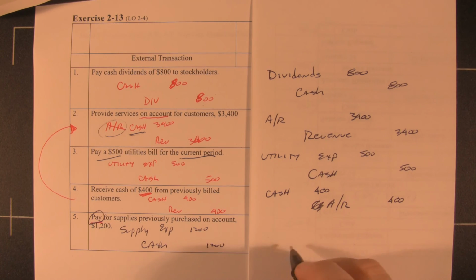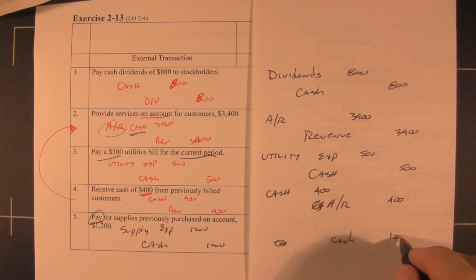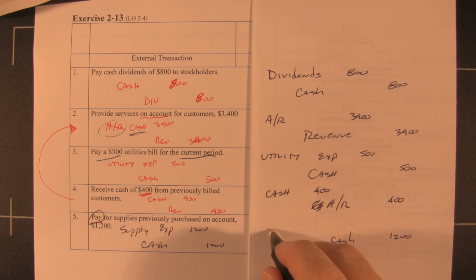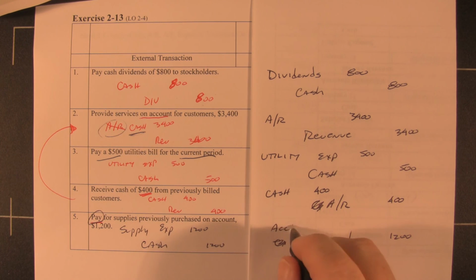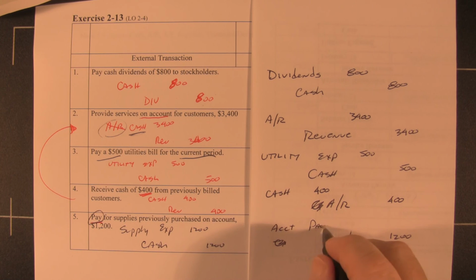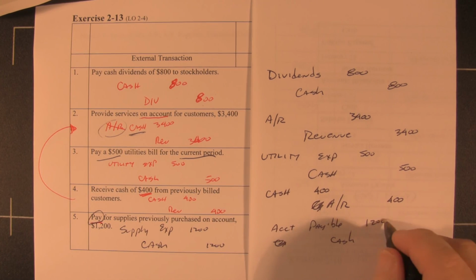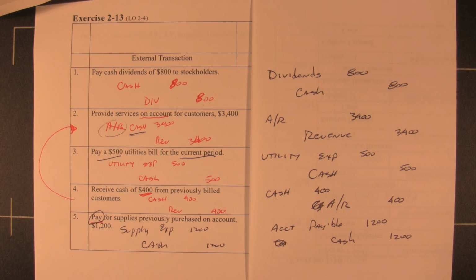The cash part he got right. We do have a credit to cash for $1,200. But it's not supplies expense, it's accounts payable because we purchased them previously. So, this guy's not very good at what he does apparently.